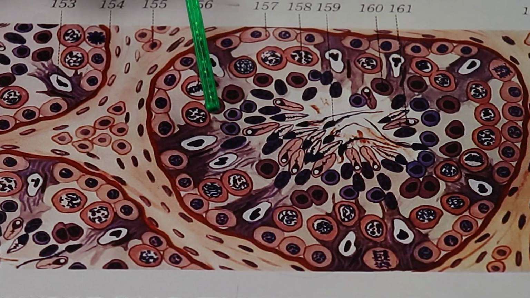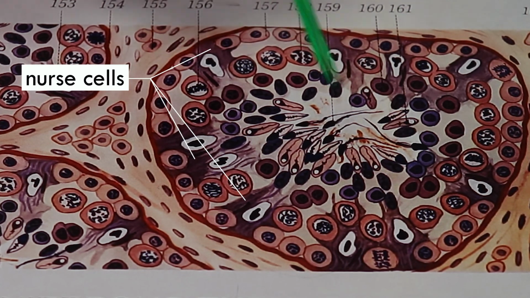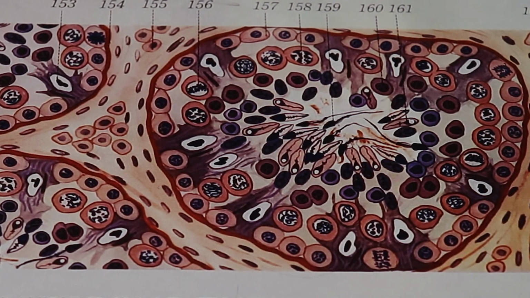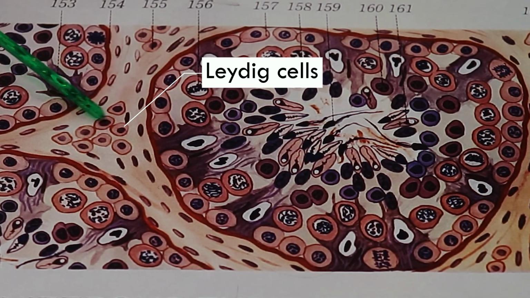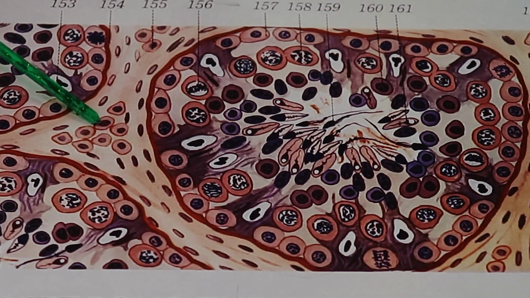The spermatogenic cells are surrounded by these cells called nurse cells, or sometimes they're referred to as supporting cells. If we go external to the tubule itself, we see some cells outside the tubules, and these are connective tissue cells. And then we see these clusters of cells here, and those are the Leydig cells that are the cells that produce testosterone.